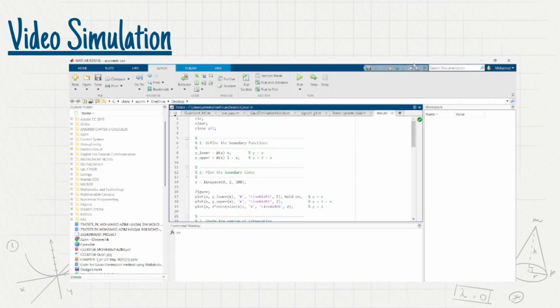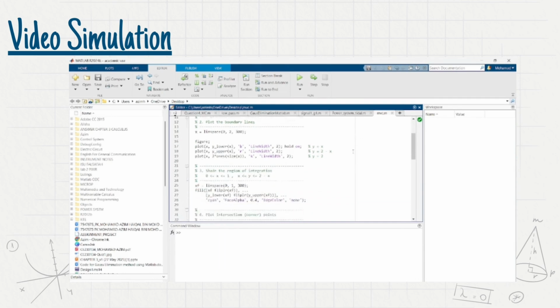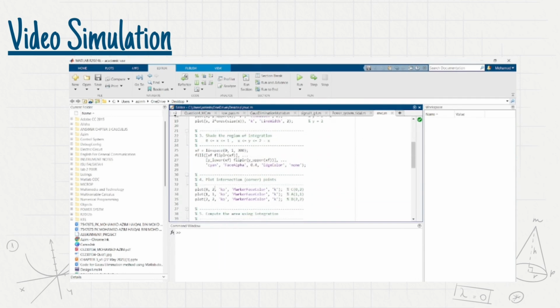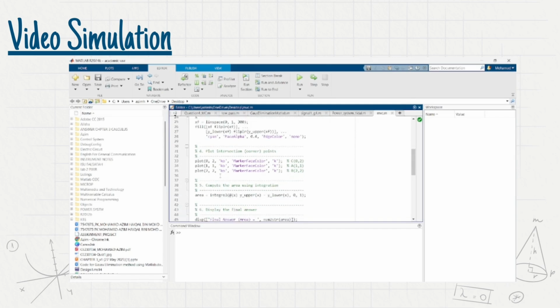Important things we added to this MATLAB are the intersection points, such as (0, 2), (1, 1), and the last (2, 2), plotted to highlight the corners of the bounded region.